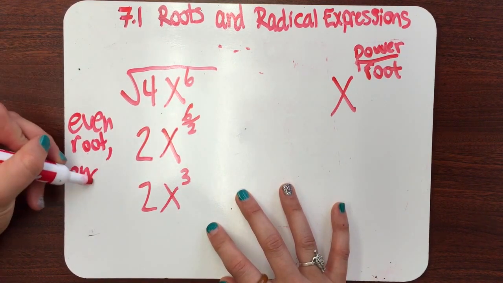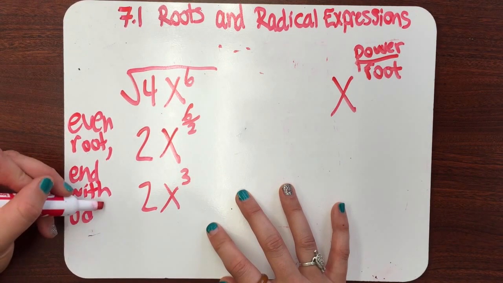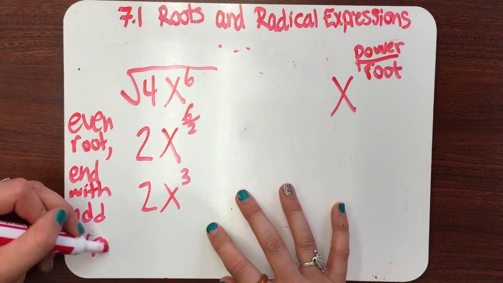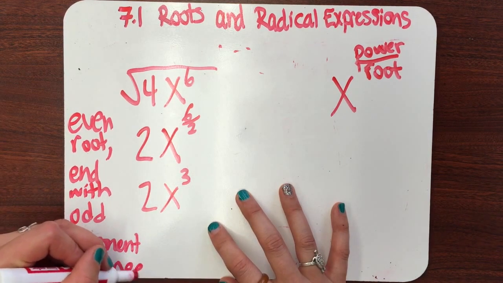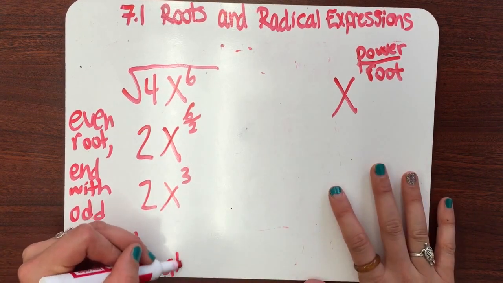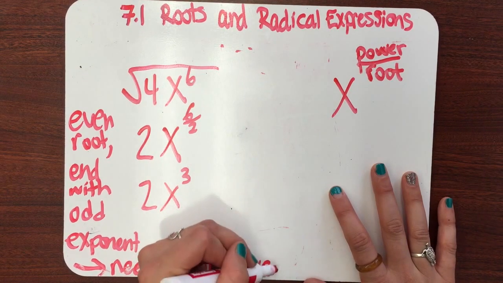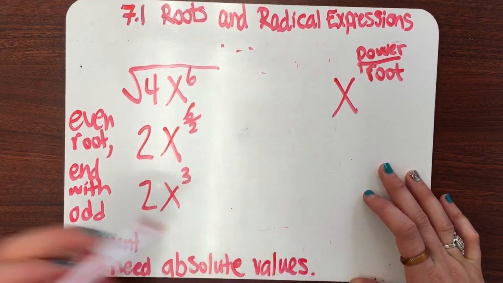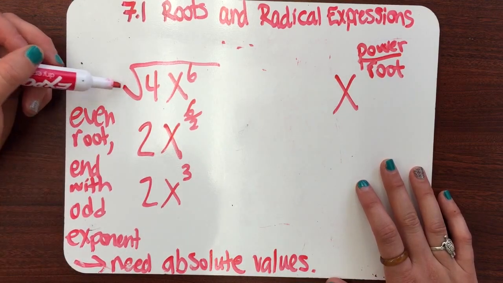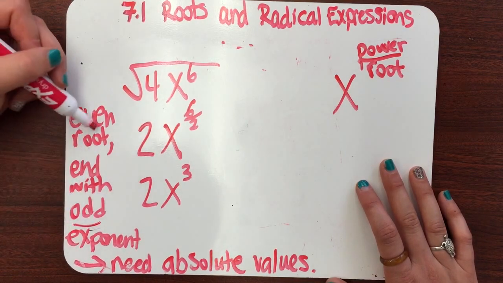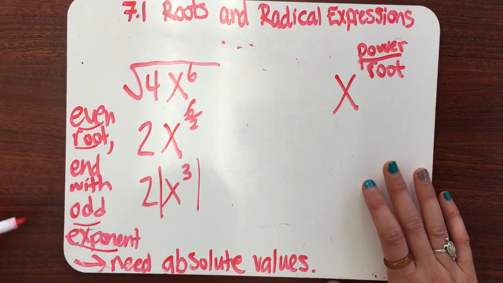Now, if we have an even root and we end with an odd exponent, that's when you're going to need absolute values. We're going to need absolute values here because we have an even root and we ended with an odd exponent. So we're going to just put the absolute values around the variable.